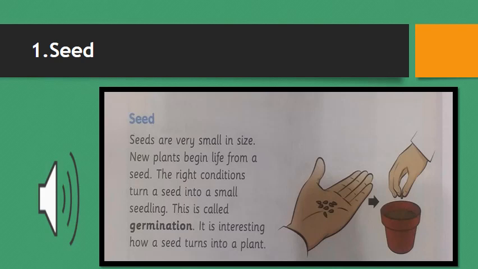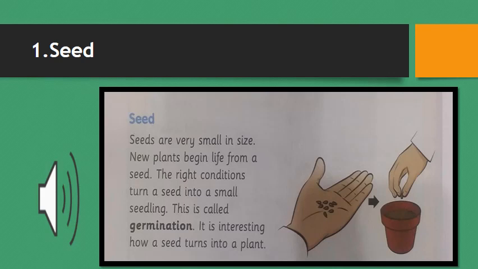Explanation. Seed is the first and the most important step in the life cycle of a plant. Where is the seed present? Seed is present in the fruit. If you see a strawberry, it has seeds outside.